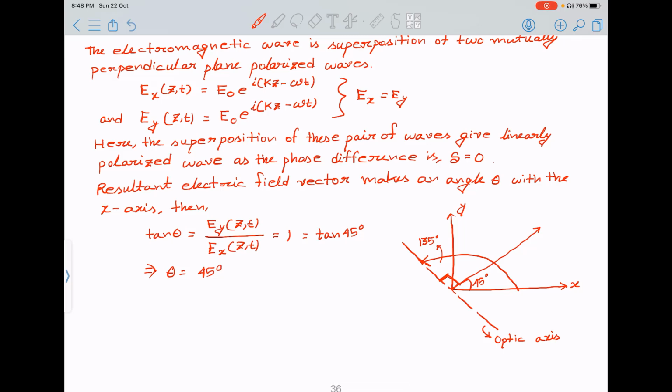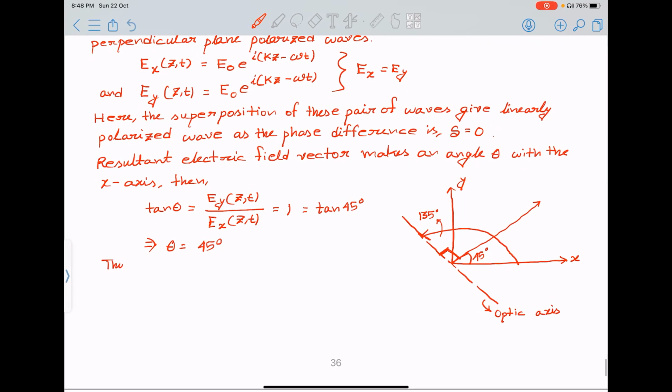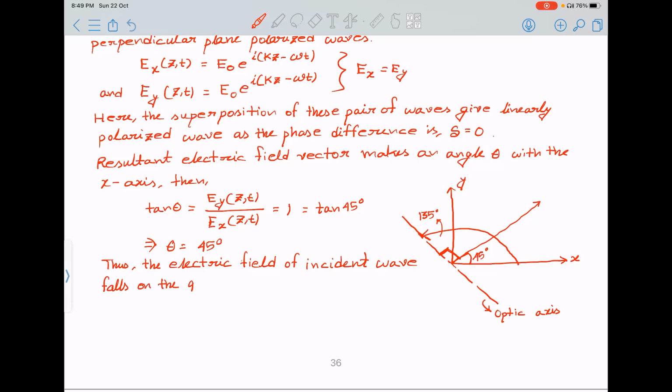Okay, so we can write thus that the electric field of the incident wave falls on the quarter wave plate at phi equals 90 degrees.